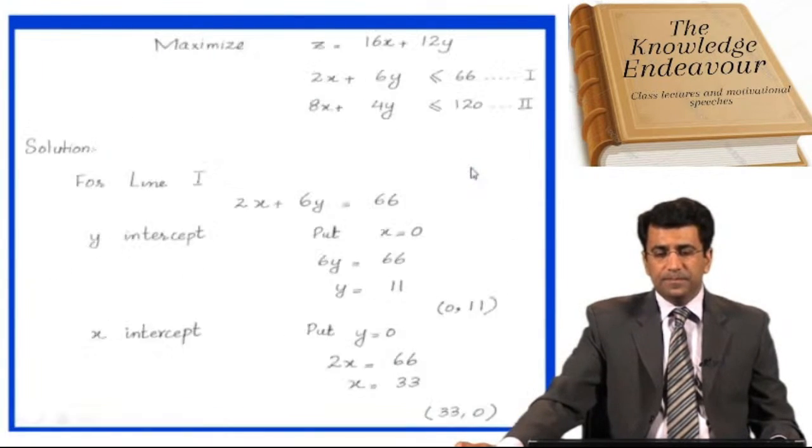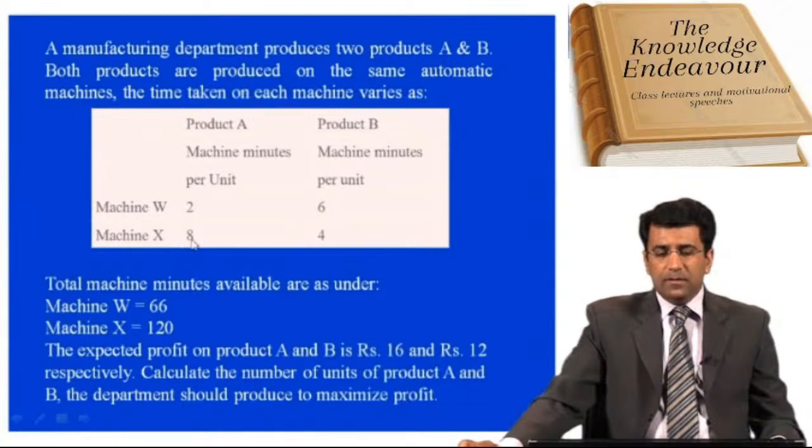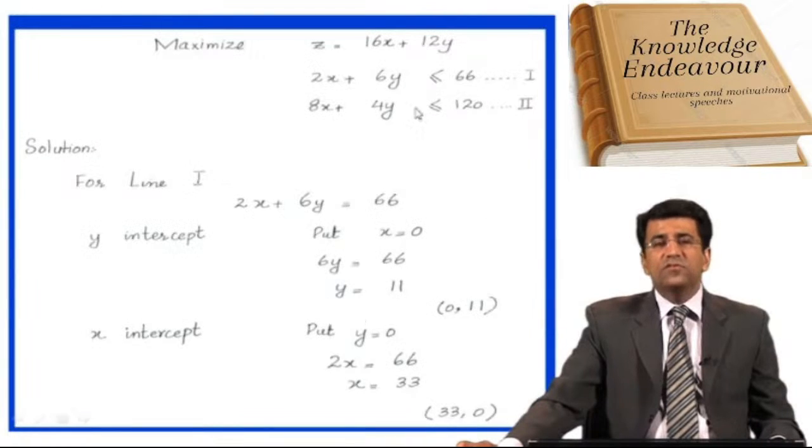Again, the second constraint for the machine X will be 8x plus 4y less than or equal to 120. That is the maximum available time for machine X. And class, please don't get confused by these values of x and y.